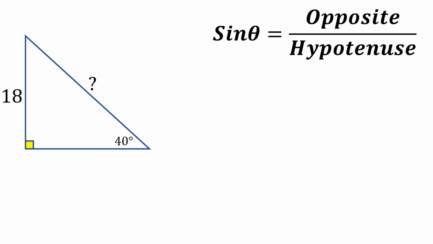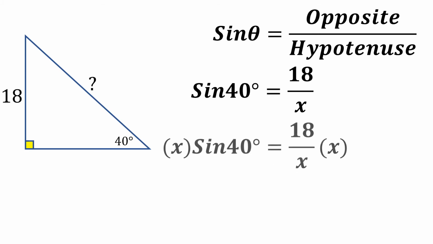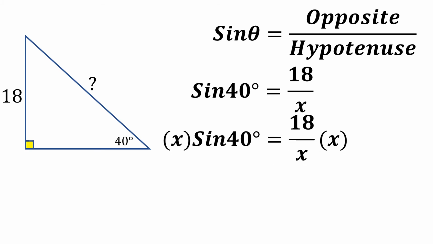So let's substitute what is given and what is missing. So sine of 40 degrees is equal to 18, which is the opposite, over the missing side, that is the hypotenuse. We will denote it as x. Then multiply both sides by x so that the x in the denominator will be gone.